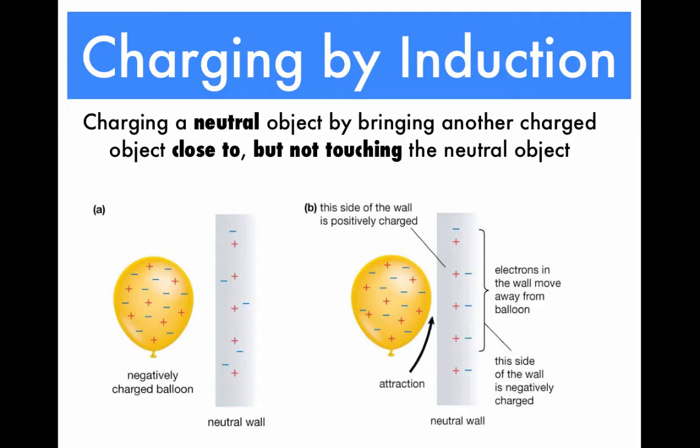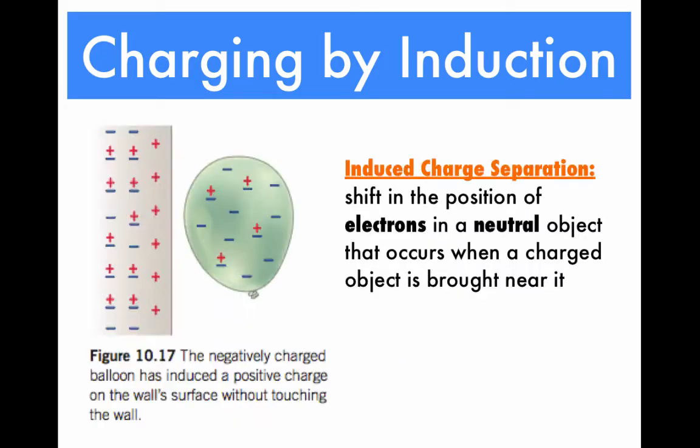You'll notice that the protons don't move, it's just the electrons that can shift. So that makes one side of the wall positively charged and the other side negatively charged. That is called induced charge separation, when there's a shift in the position of electrons in a neutral object, and this occurs when a charged object is brought near it.